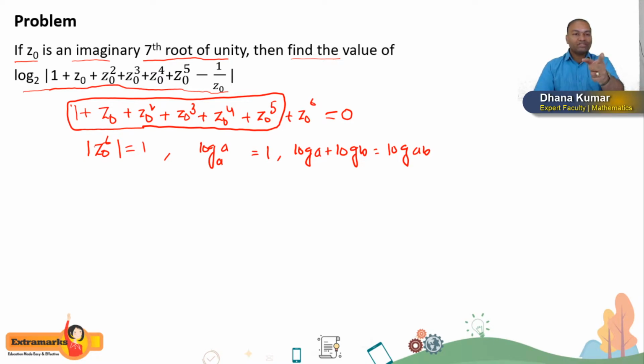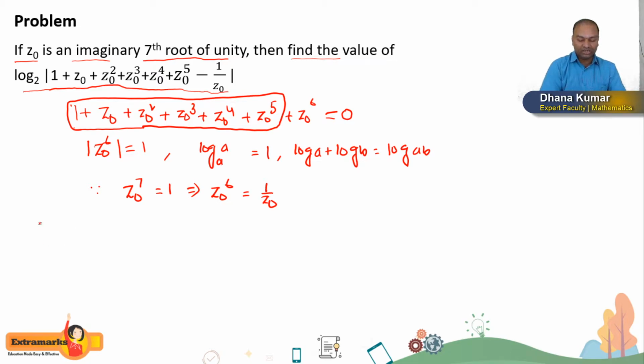And also, Z0 is a 7th root of unity, which implies Z0 power 7 is equal to 1. Dividing both sides by Z0, the answer will be Z0 power 6 is equal to 1 by Z0. Correct now? And we will use this relation also.